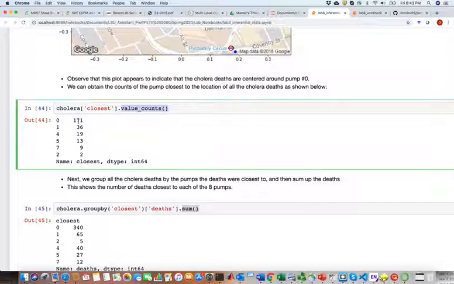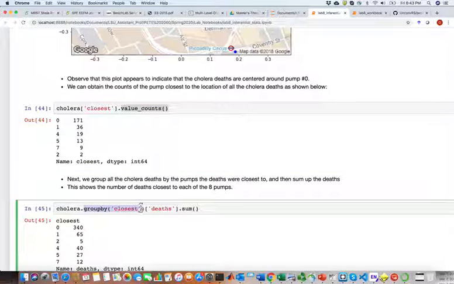To get the number of people that actually died, you're going to use group by. So first group the data by the pump they're closest to. So you will grab all the 171 closest to pump 0, then you will add the entries in the death column using the sum function. And that's what gives you 340.